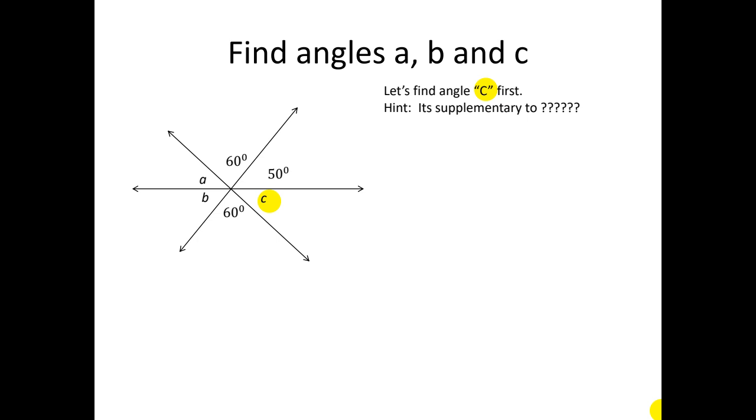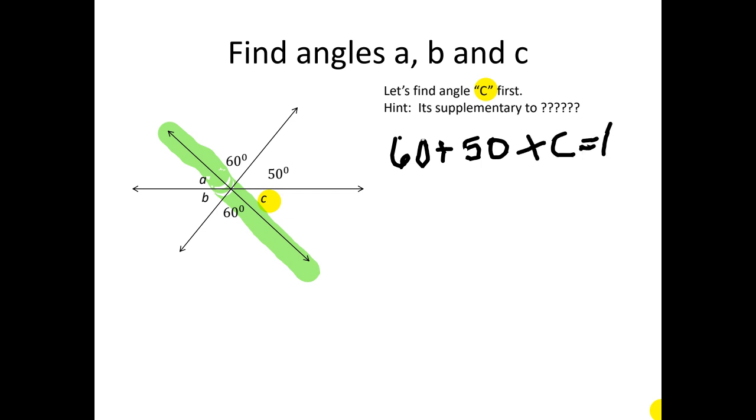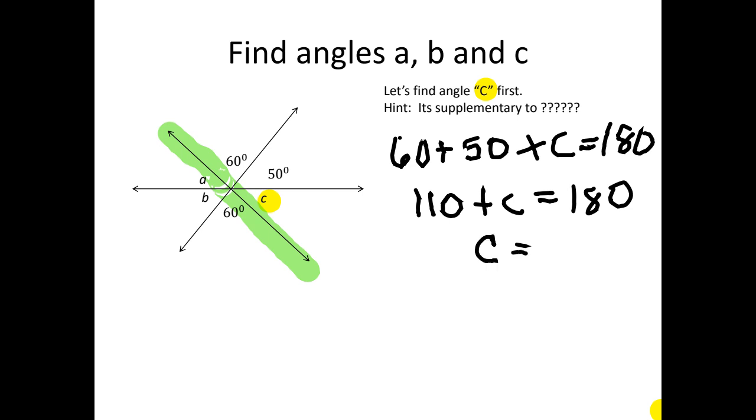This is a straight line. 60 plus 50 plus C equals 180 degrees. 110 plus C is 180. What is C? C is 70 degrees. This piece here is 70 degrees.